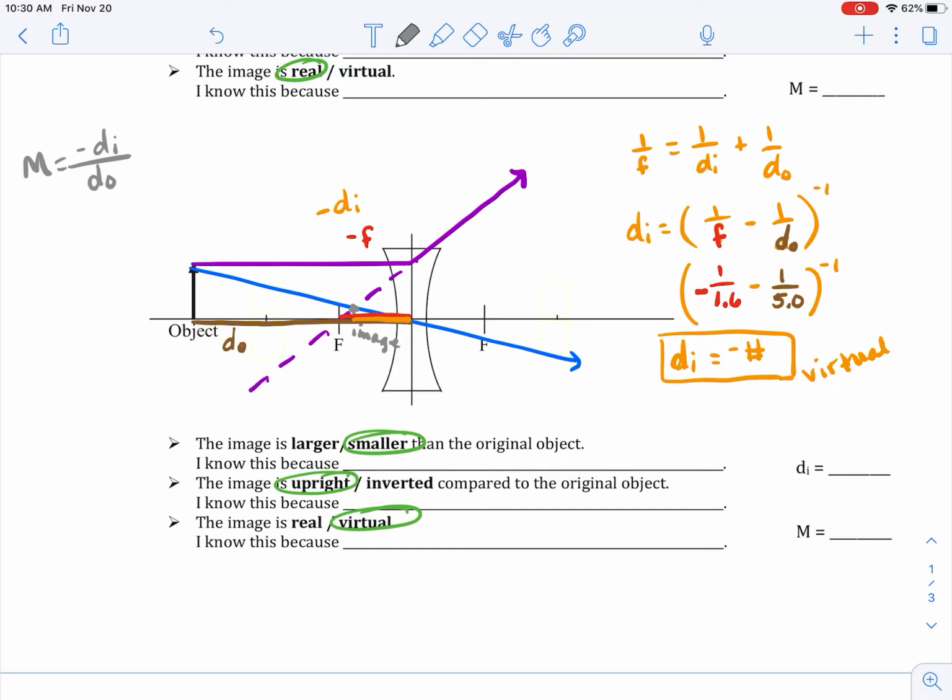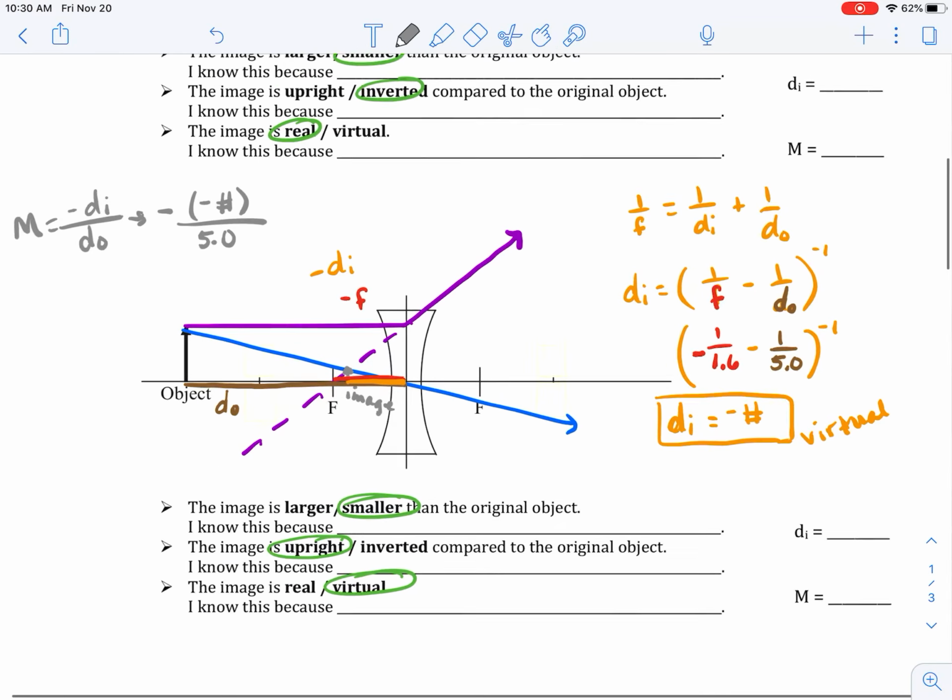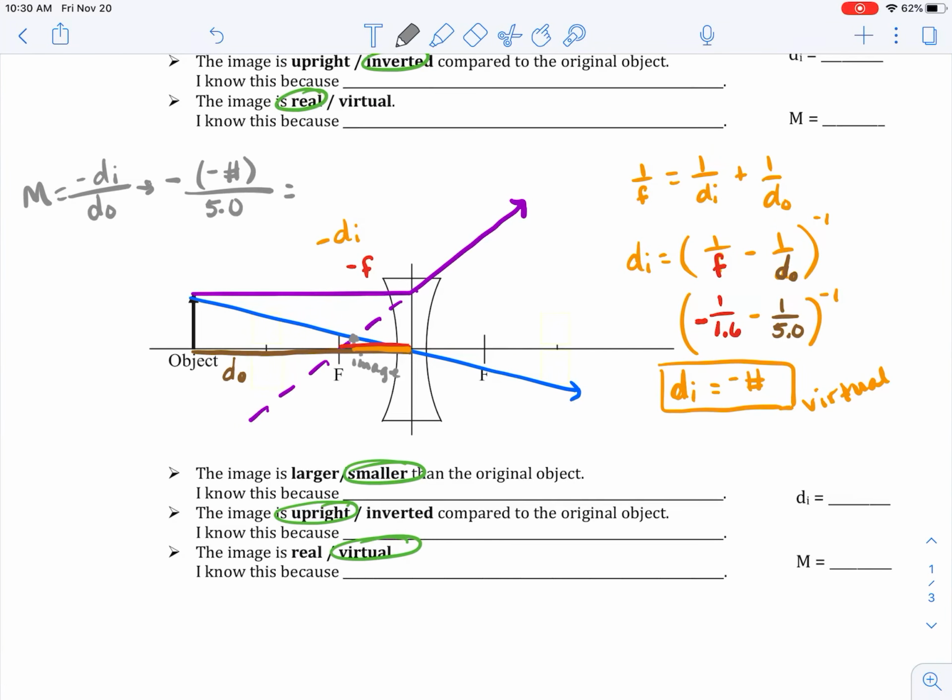Then if we look at our magnification equation, for this problem, don't forget it's negative of whatever you calculated. So it's going to be the negative of my negative number over my distance to my object.